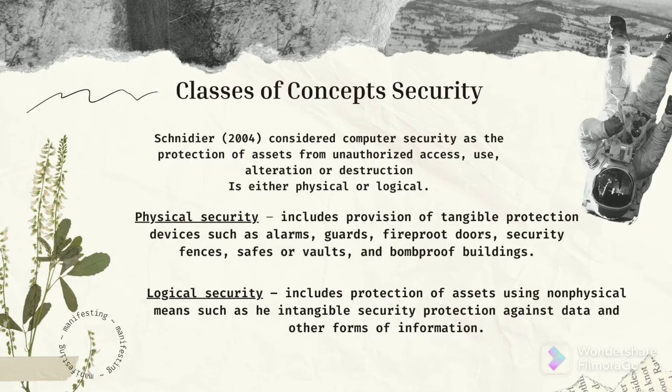According to Snyder 2014, computer security is the protection of assets from unauthorized access, use, alteration, or destruction. It is either physical or logical. Physical security includes provision of tangible protection devices such as alarms, guards, fireproof doors, security fences, safes or vaults, and bomb-proof buildings.